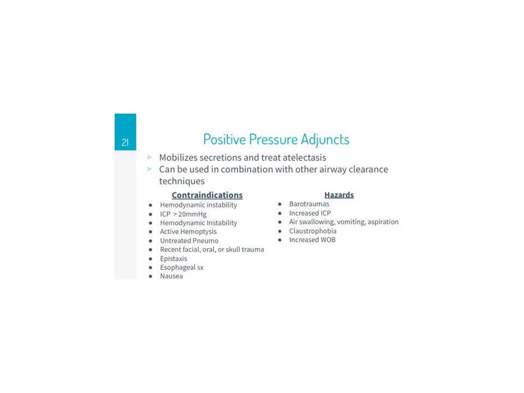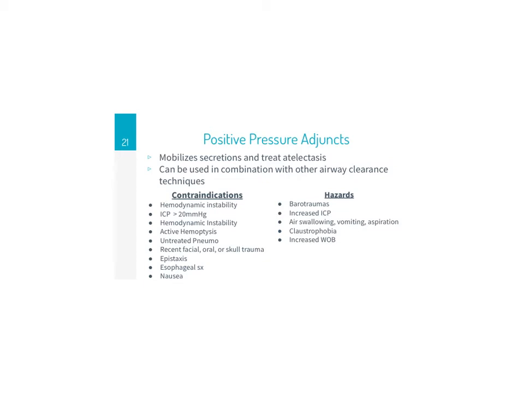If they have a nosebleed, if they're on esophageal suction, so if they have an NG tube in their stomach and they're actively pulling stuff out, you don't want to risk aspirating. If they accidentally move that NG tube and it comes out and they aspirate into their lungs, then we're just making them worse than they already are. And nausea. We don't want them to aspirate and develop a pneumonia.